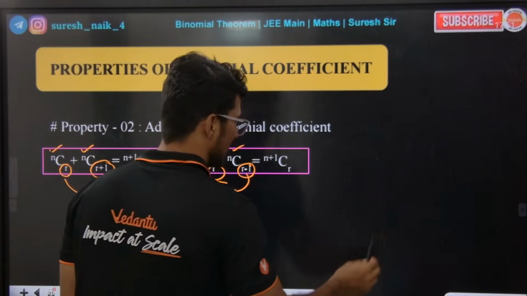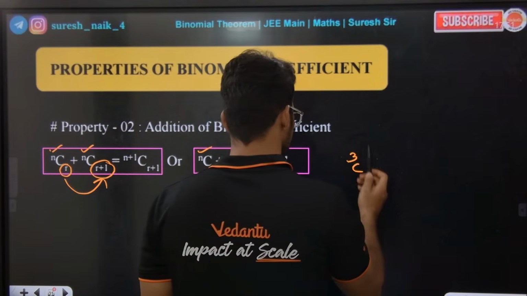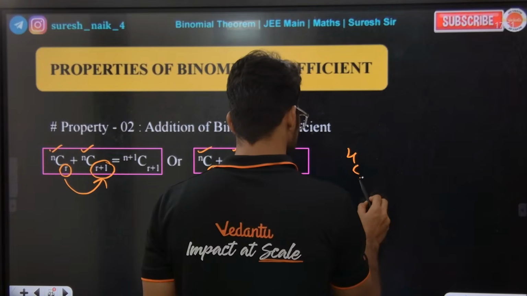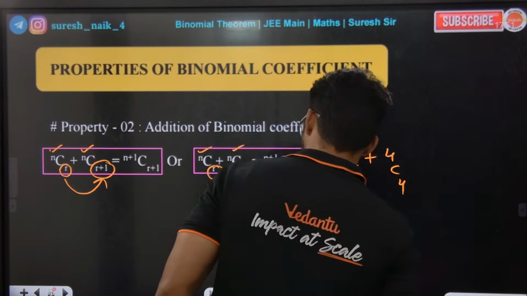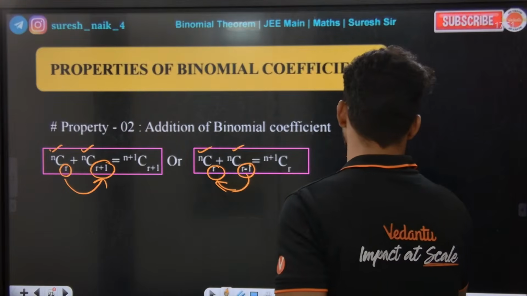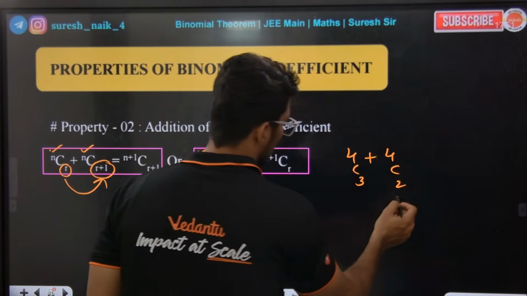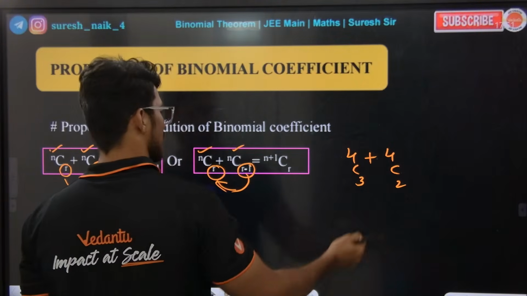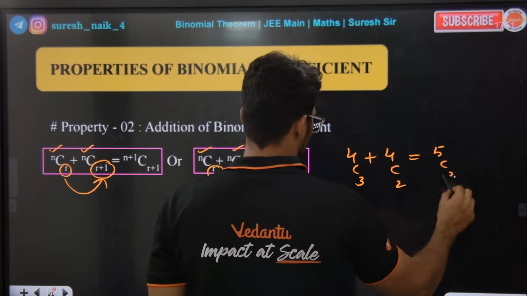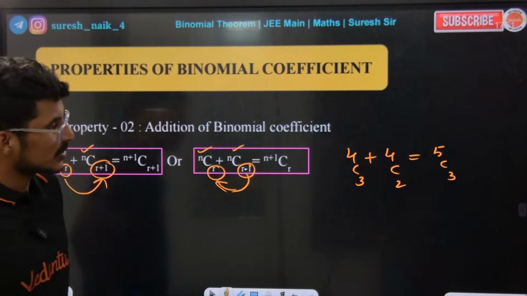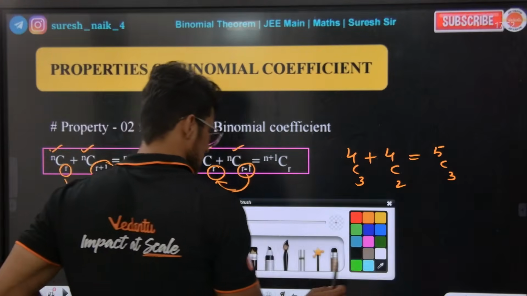So whenever you have something like this, for example, 4C3 plus 4C4, are you getting the point? 4C3 or 4C2, tell me. nCr plus nC(r+1) is what? (n+1)C(r+1). Check. Solve it and see, the answer will definitely come.